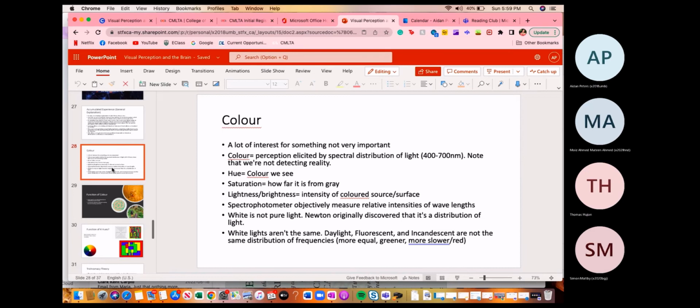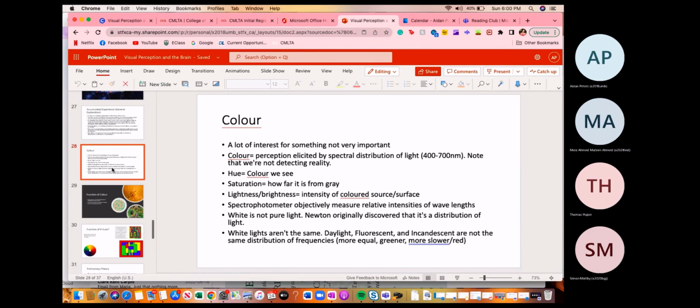So a spectrophotometer is how we get an objective measure of the relative intensities of wavelengths. One note that Purves mentioned is that white light is not a pure light. Originally discovered by Newton, pumping light through a prism gives a rainbow effect. And moreover, white lights are not all the same.